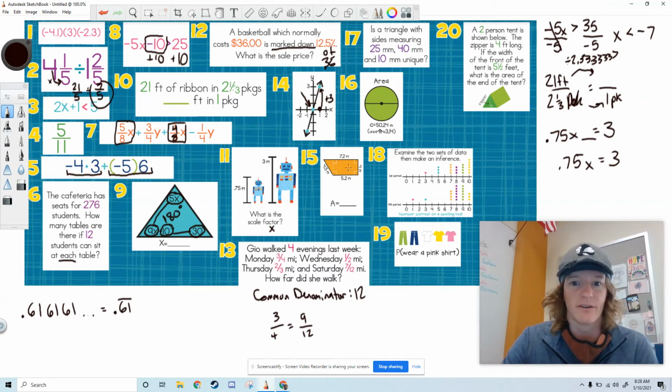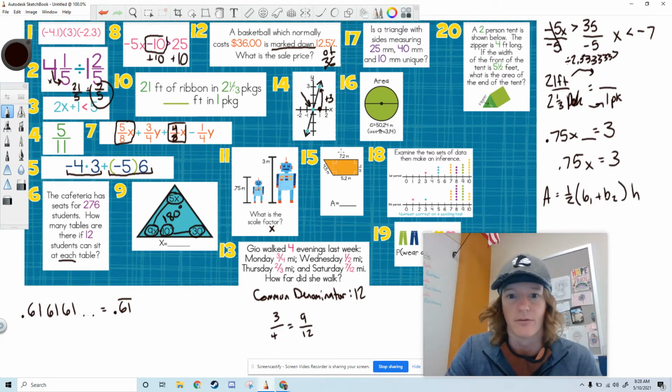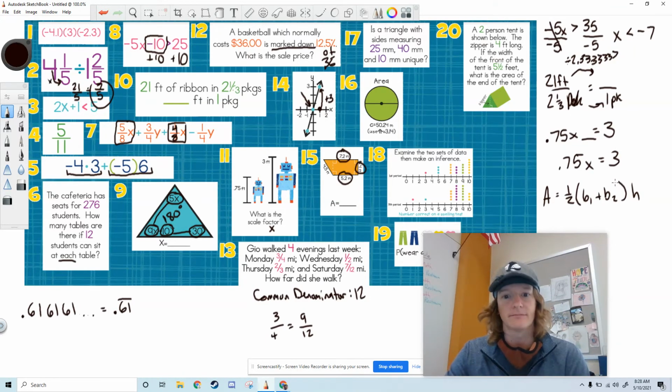Number 15, we need to find the area of this trapezoid. Two things you can do. You can do the formula for area equals 1/2 base 1 plus base 2 times height, where you're going to add base 1 and base 2 times the height, and then cut that number in half.